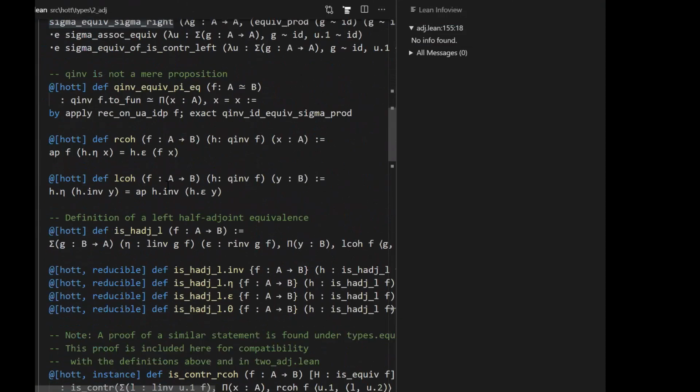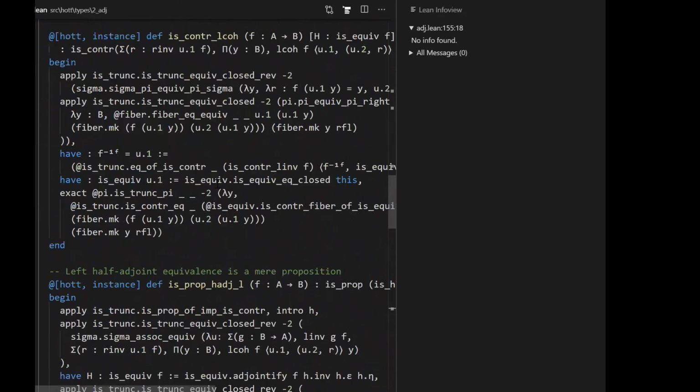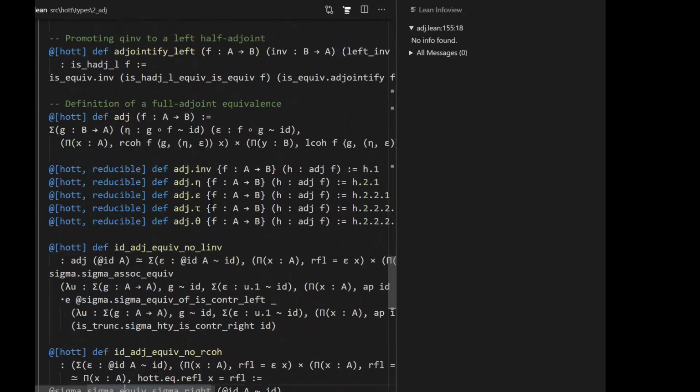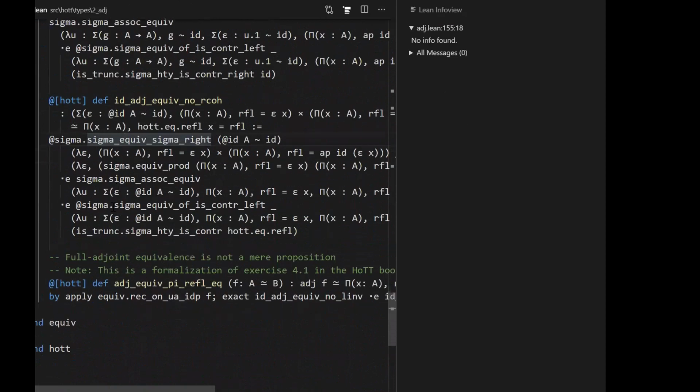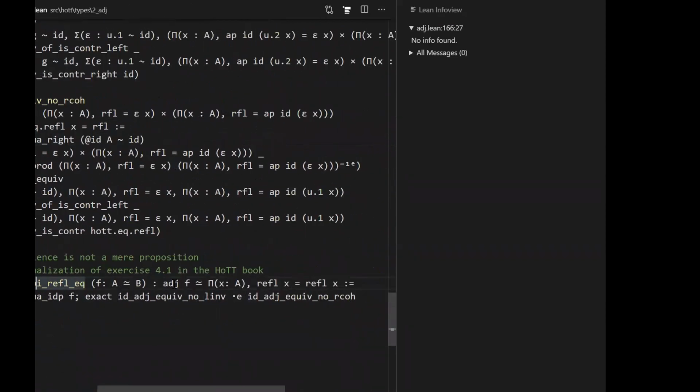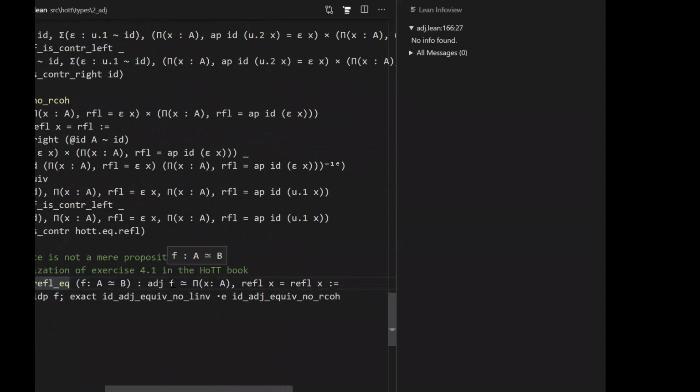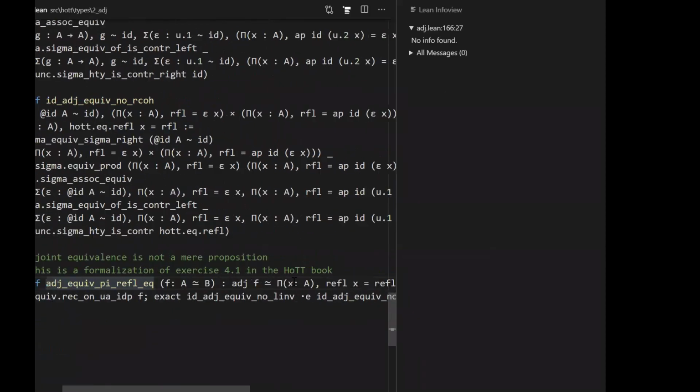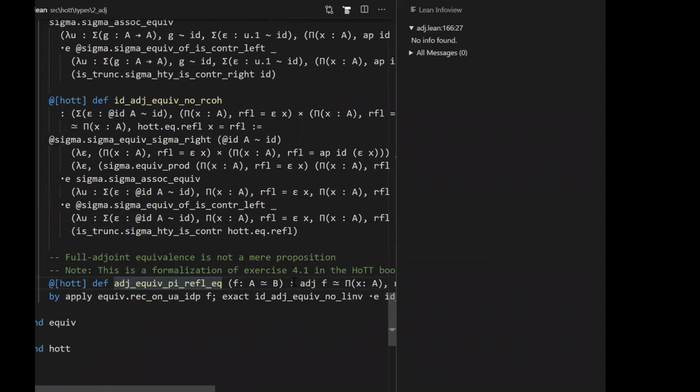It looks like this. The thing that I kind of want to draw attention to is this modular proof here that we presented, that full-adjoint equivalences on F are equivalent to just pi x and a, such that refl x equals refl x. This proof goes almost exactly as we expected it to go in the slides.